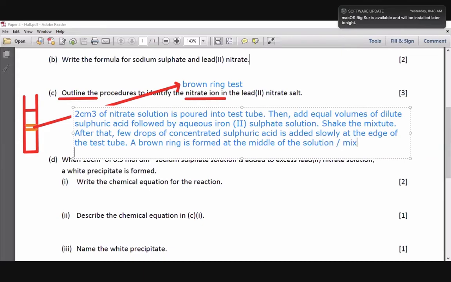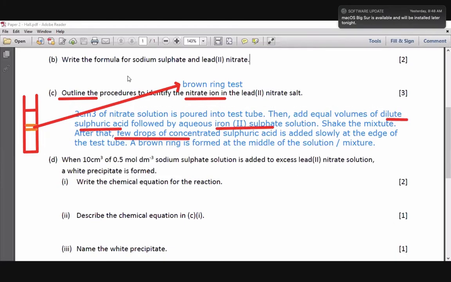Or we can say mixture. That's it. Okay, so this is called the brown ring test. You have to follow the sequence there.